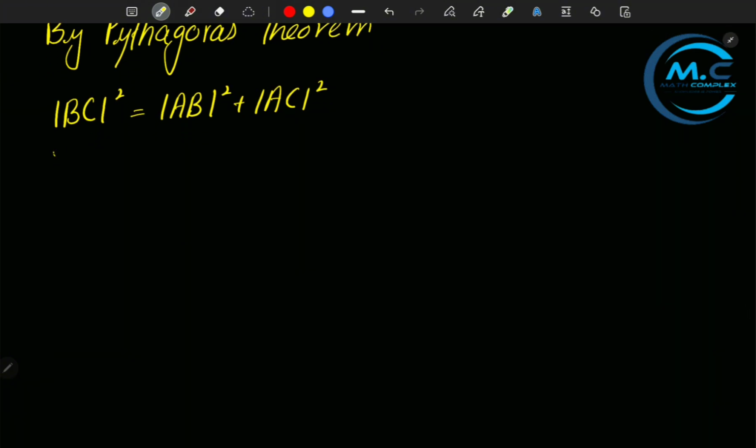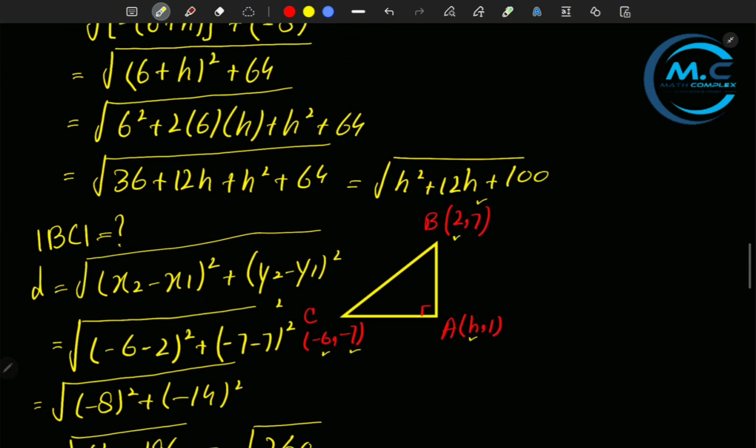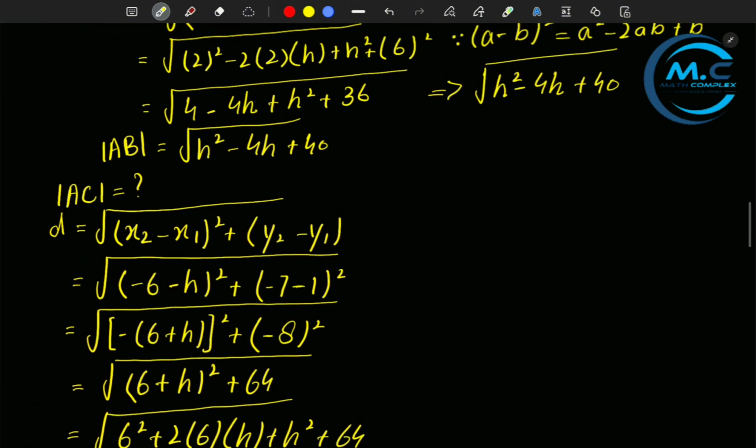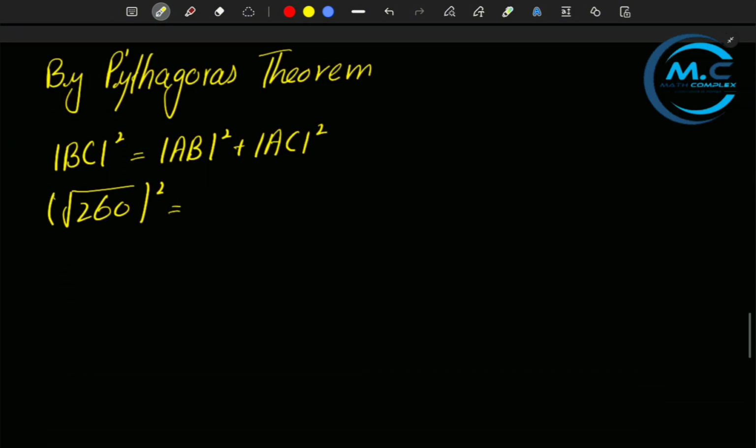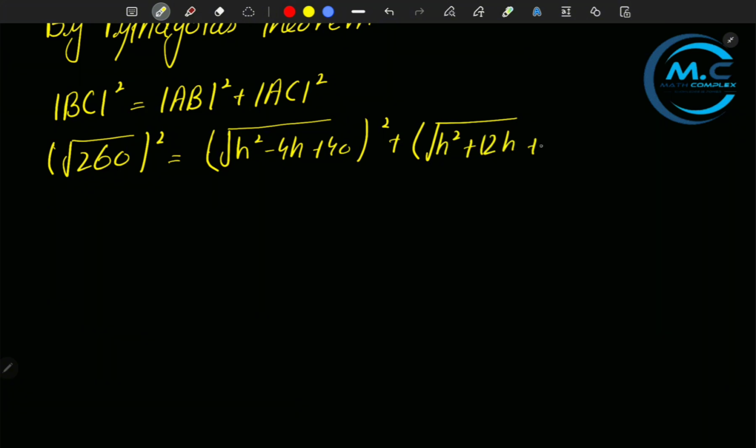The length of the hypotenuse will be equal to 260, whole square, and the side AB is square root of h square minus 4h plus 40, and the length of AC is equal to square root of h square plus 12h plus 100, whole square.